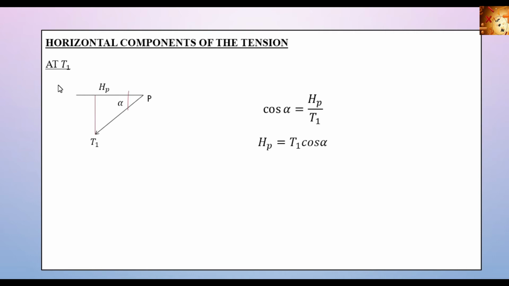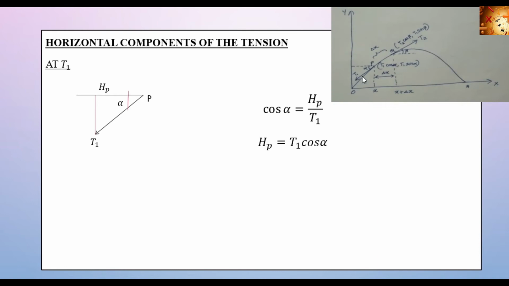First of all, at T1, we have the figure like this. At T1 means the tension at P. So that is P, the tension T1, and its corresponding horizontal component is HP. Then joining the horizontal component with the tension, we get a right angled triangle. We want to find what is HP.